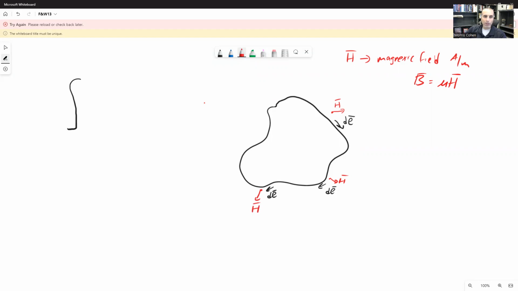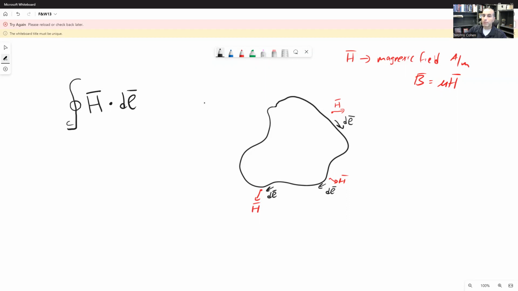But what Ampere's law tells us is that if we take a loop integral around this entire loop, and I'm going to put a circle right here to indicate that it's a loop integral, and I'll put a C right here since it's a path. And as we do that loop, we're going to take the magnetic field and take the dot product with this little path vector dl.